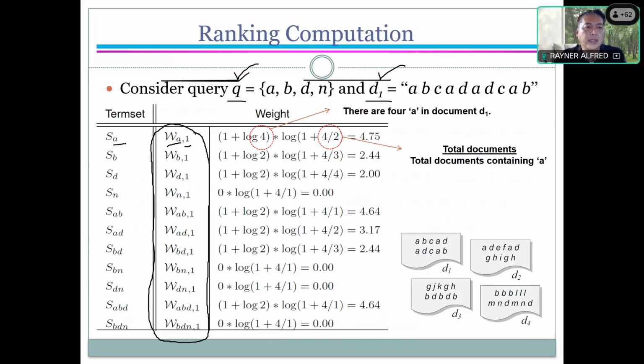Okay, so first we look at A, then how many times A exists? 1, 2, 3, 4. Then we have 4 here. And then this one will tell you how many documents contain term set A. So we have 1 and 2. So that's why we got 2 and we get the 4.75. Okay. And remember how we generated the list here. So this is your list of term sets, coming back from the previous one.